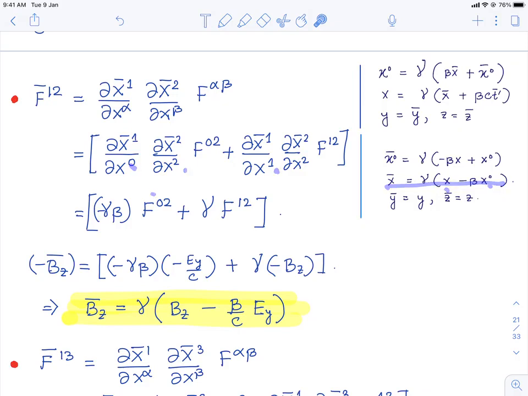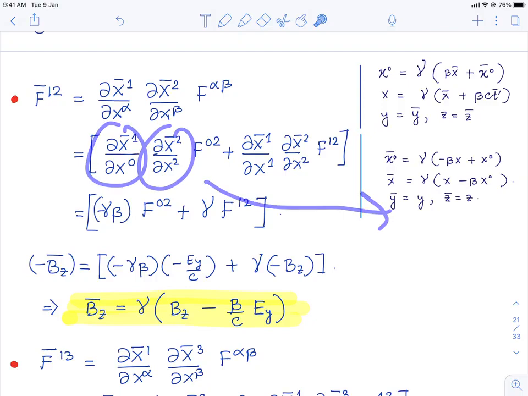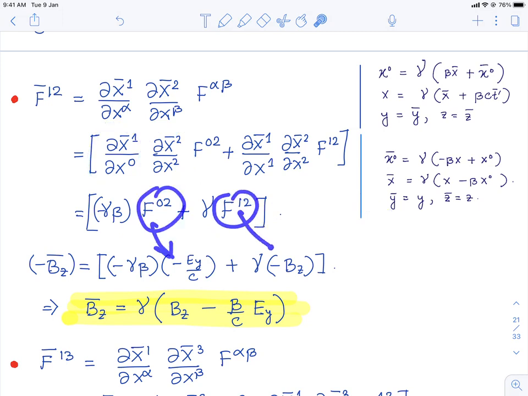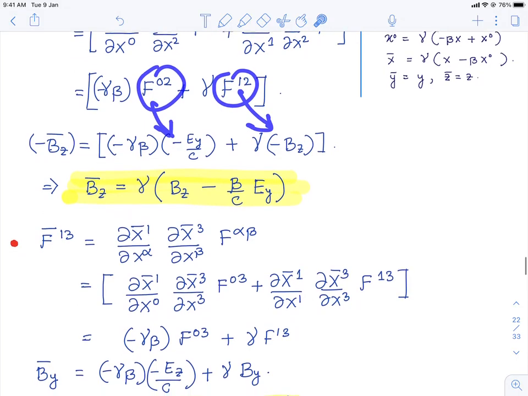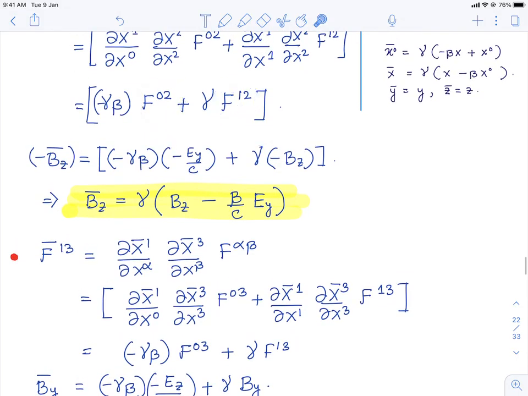So now, this is all there is, 2 terms. And you just read off these coefficients from in here, and you get this expression. And again you put in F02 or F01, the corresponding expressions that we have in that matrix there, and then we see that Bz transforms in this way.